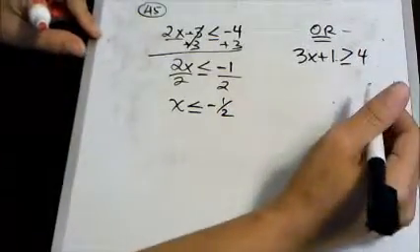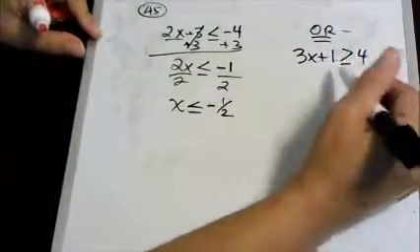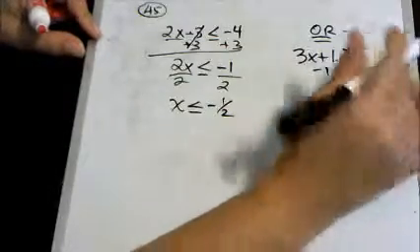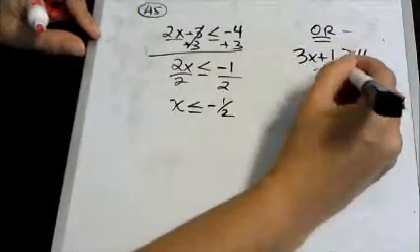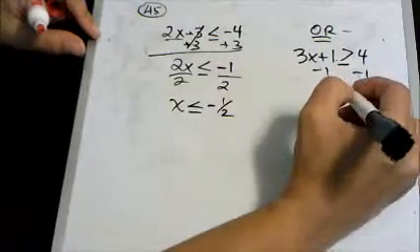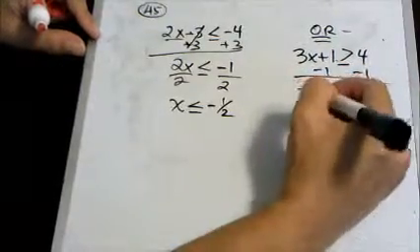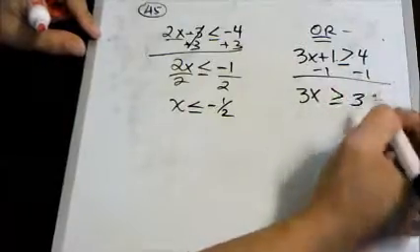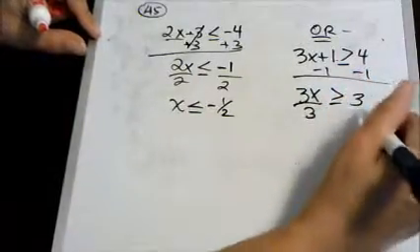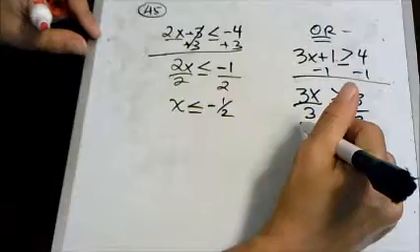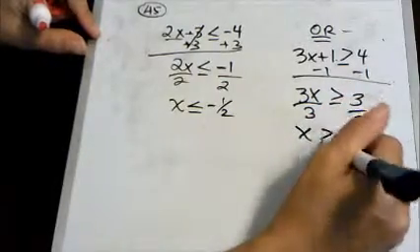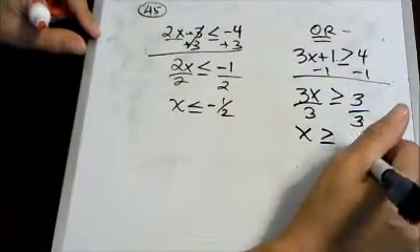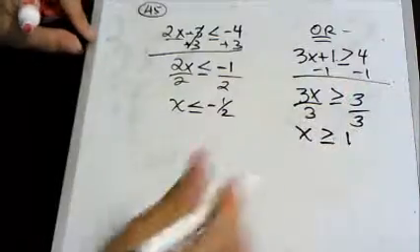Or negative 0.5. Now this one, minus 1 here, minus 1 here. We get 3x and a 3. Divide each side by 3. We will end up having x is greater than or equal to 1, because 3 divided by 3 is 1.